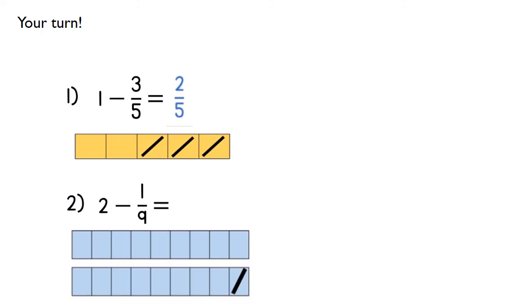So here we have our 18/9, and we have subtracted 1, and we are left with 17/9, which is an improper fraction, so we're going to change it to a mixed number. So we're then left with 1 and 8/9.